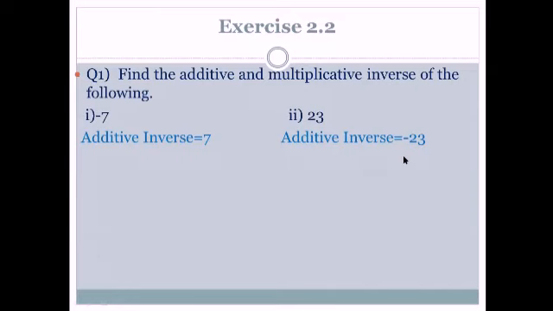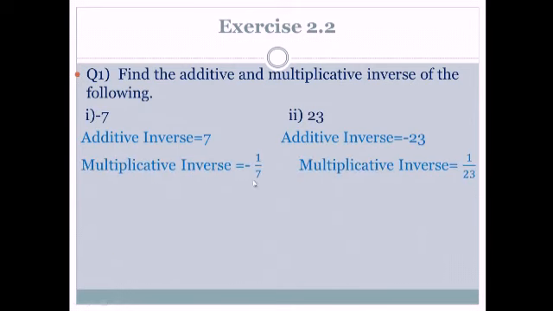So the reciprocal of minus 7 is minus 1 over 7, because minus 7 has no denominator, so it is understood that 1 is present in the denominator. That is the multiplicative inverse, minus 1 over 7. For 23, its reciprocal is 1 over 23. So the multiplicative inverse is 1 over 23.